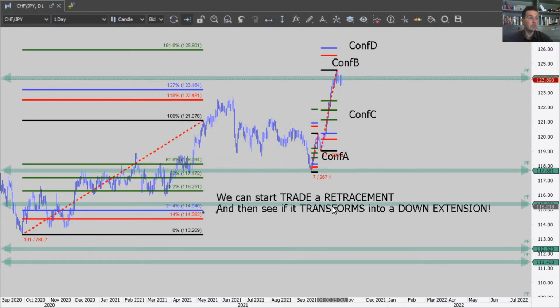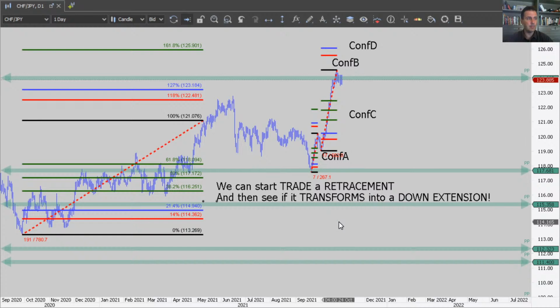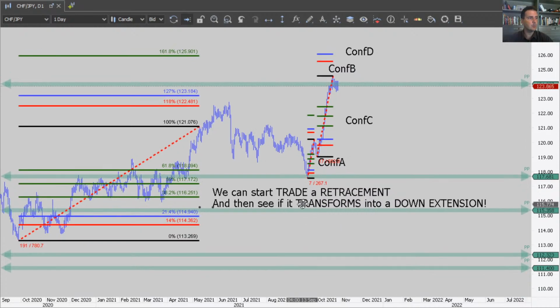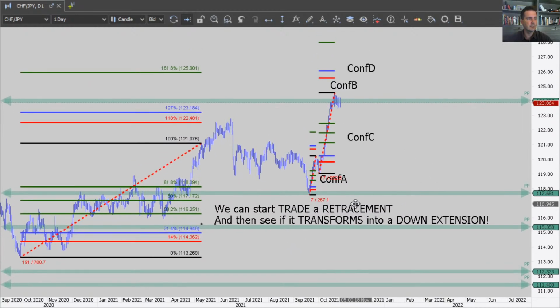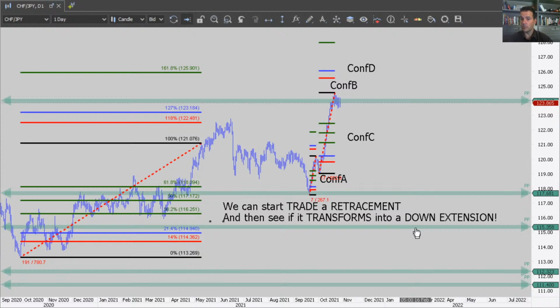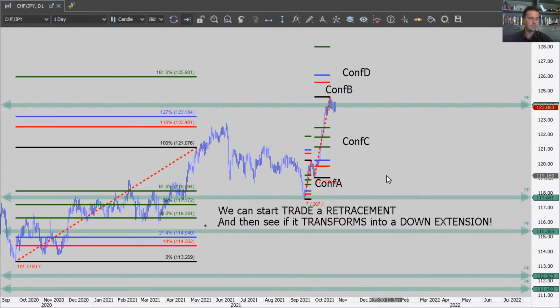Wow, I mean, very good, congratulations. I could not say it better. We can start to trade a retracement, everybody, and see if it transforms into a down extension. Great comment, right, everybody? Do we agree? It's a great comment.